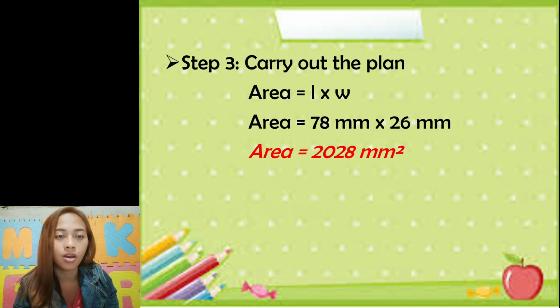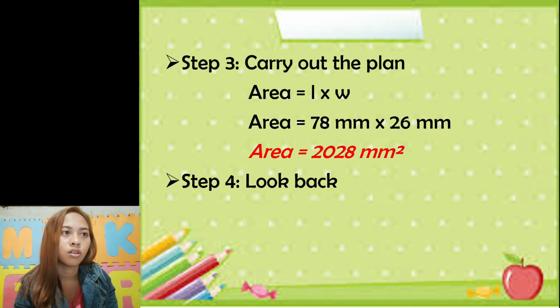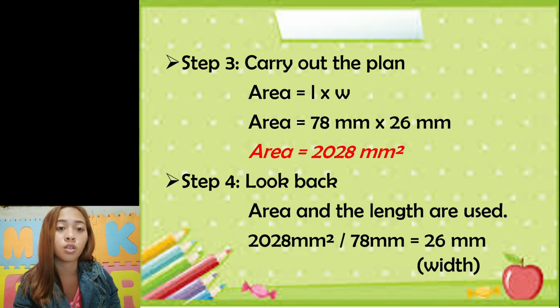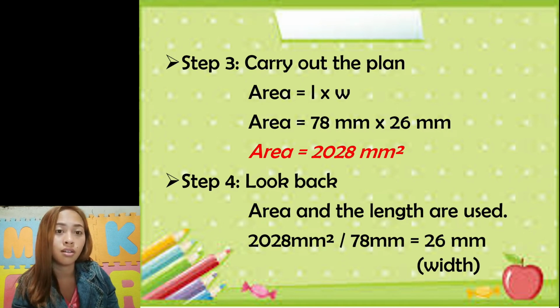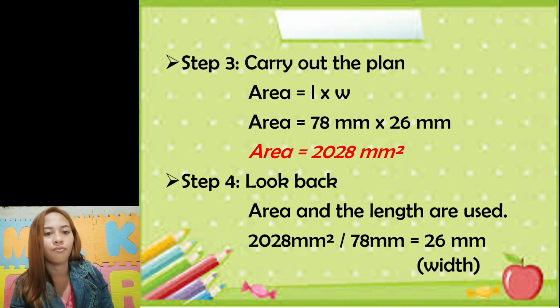So the area is 2028 mm squared. For step 4, we will look back. When we look back, the area and the length are used. 2028 mm squared divided by 78, which is the length, equals 26 mm, which is the width.